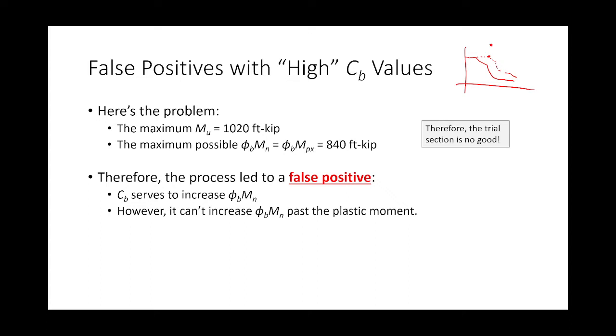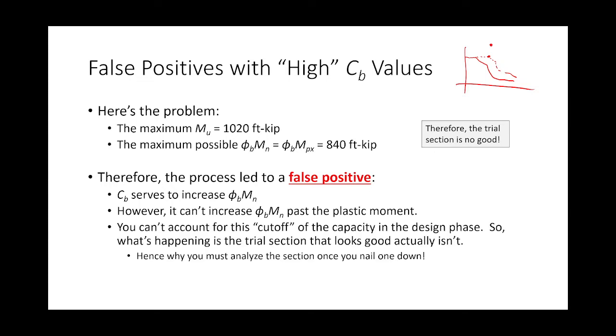So that's what CB tends to do. It tends to augment the capacity based on the fact that you don't need to develop that maximum capacity everywhere, just at your key locations. But you can't go past MP. So because you can't account for this cutoff in capacity during the usage of table 310, you're getting a section that looks good, and it really isn't, okay?